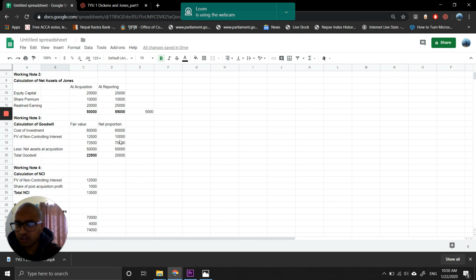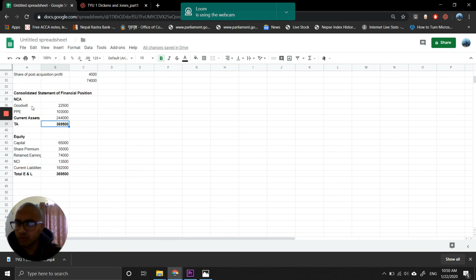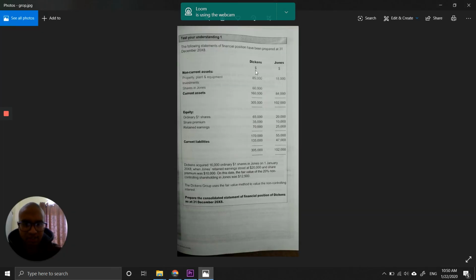So this is how you basically solve this kind of problem. Just don't get confused on goodwill, capital, and then after that capital, so you only use the capital of the parent. And then in the case of NCI, don't forget to put NCI as well. Since you're looking at this particular question, you don't see NCI over here, so you tend to miss it out.